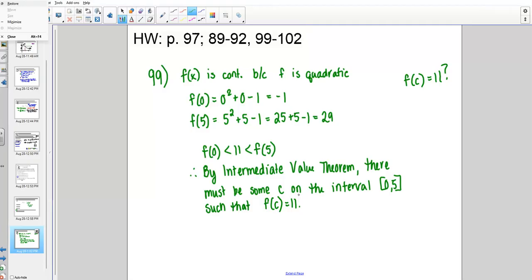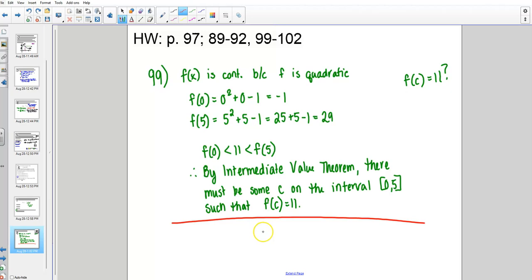Oh, it does. I see right there. So for that second part, 11 is your y coordinate. So you would be plugging it in for the y. You would say x squared plus x minus 1 equals 11.